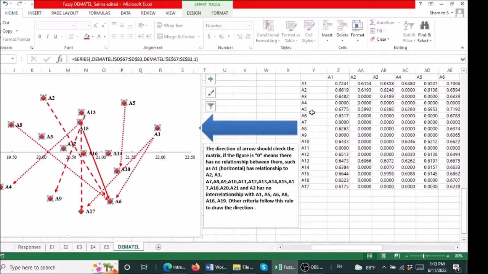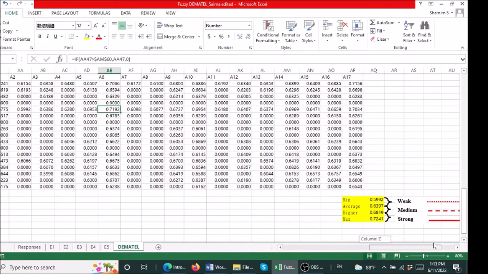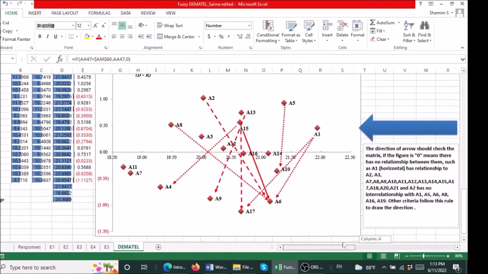A5, okay, on A6. Is there a relationship? A5 on A6, 0.719 is strong effect.